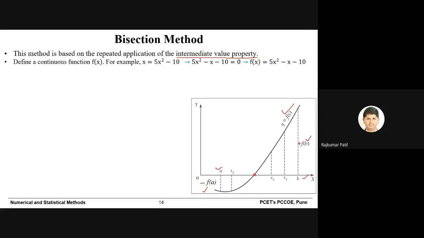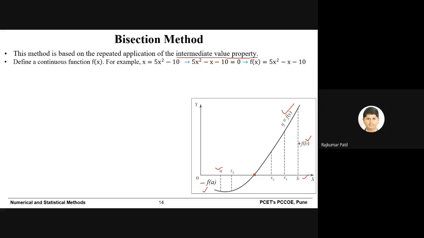Okay, so before going ahead, I put this figure in front of you so that you will understand how the bisection method works. But whenever you solve an actual problem, every time you will not have a graph with you so that you can guess where the root is and how to start the iteration.